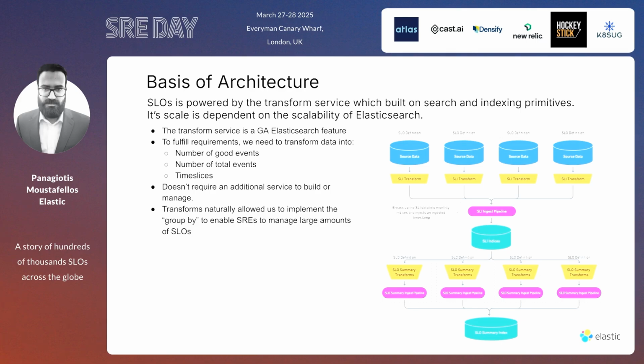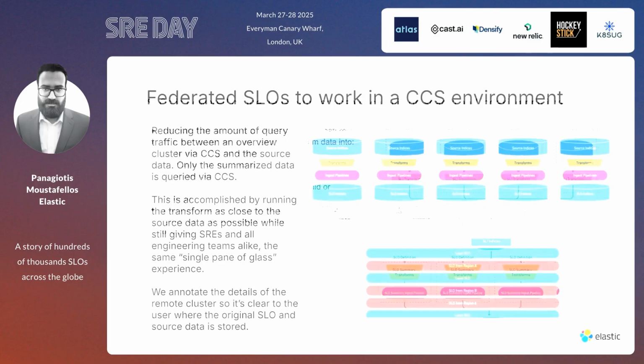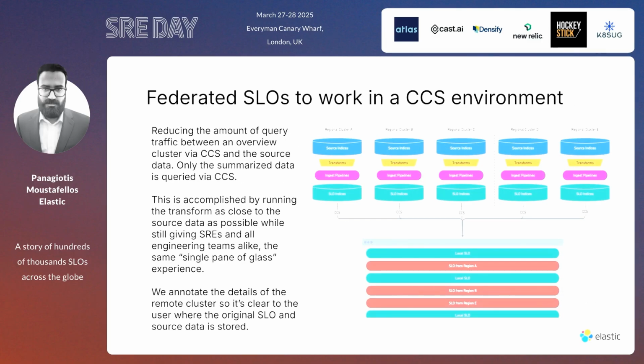Obviously, the scaling limits are the scale limits of Elasticsearch, and we had to find a way to scale even further than one single Elasticsearch cluster, and that's through federated SLOs working in our cross-cluster search environment.